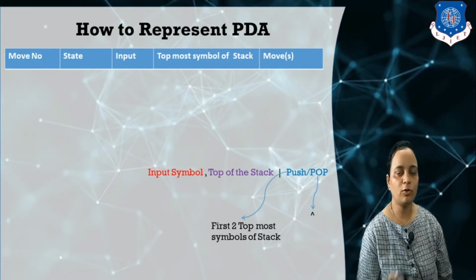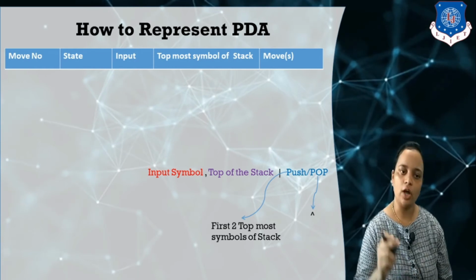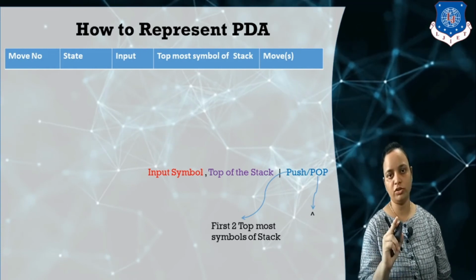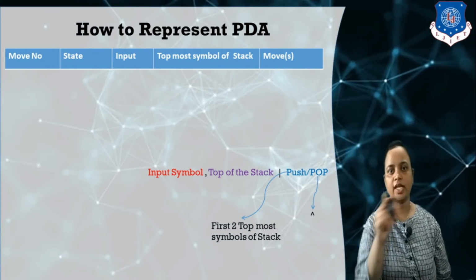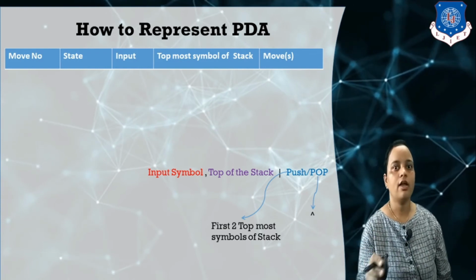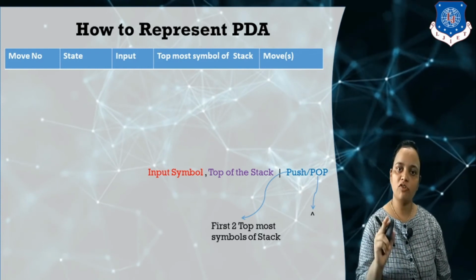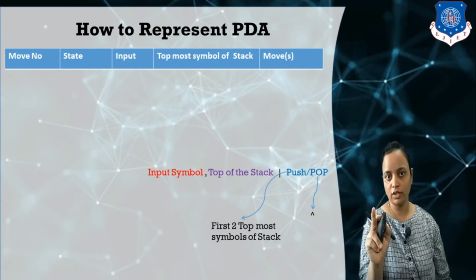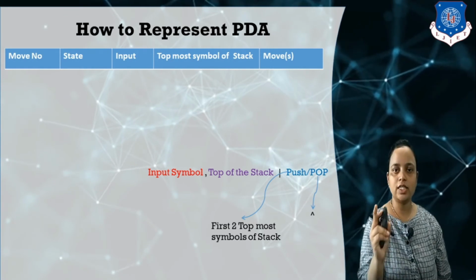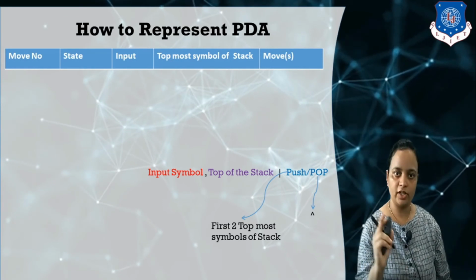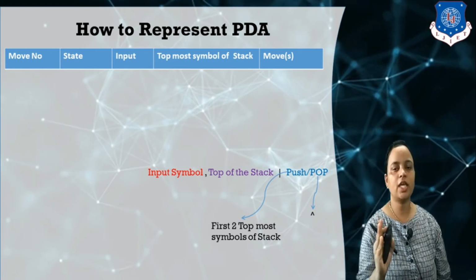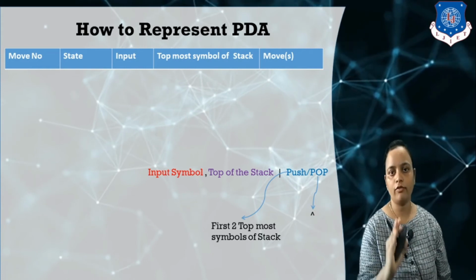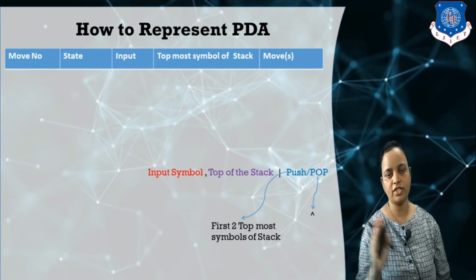Next is what input symbol we are going to read. Third is the topmost symbol, what it contains. And the last one is moves, where we have to mention two things: the state we are going to move to, and whether we perform a push operation, where we read the first two topmost symbols after inserting the input symbol, or null, indicating the pop operation. The third one is the skip operation: if you are not changing anything on the stack, we mention it as it is, the value of the topmost symbol of the stack.